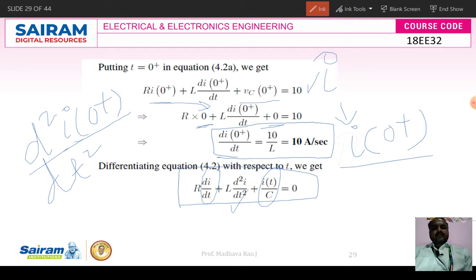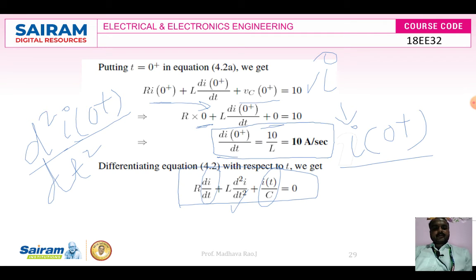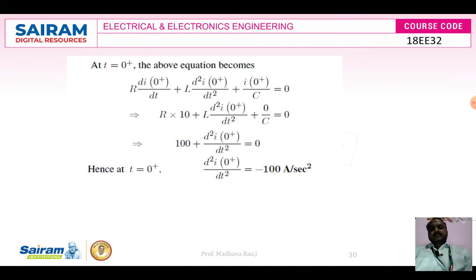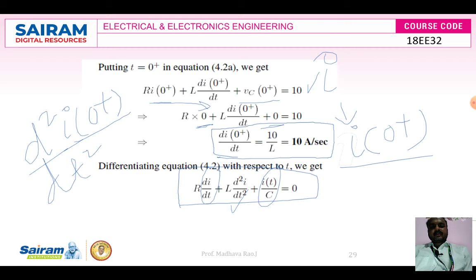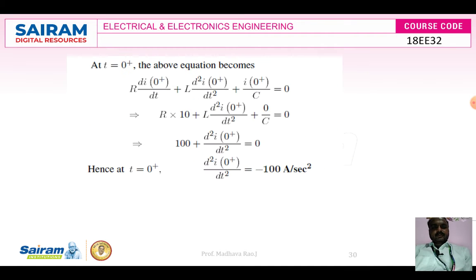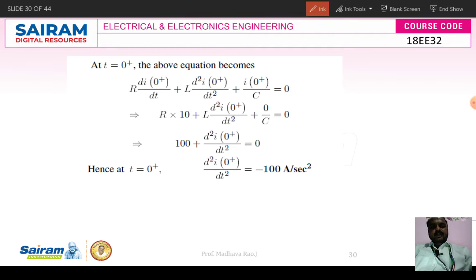Substituting the values in this expression: R into 10 plus L into d square i of 0 plus by dt square plus 0 by C equals 0.